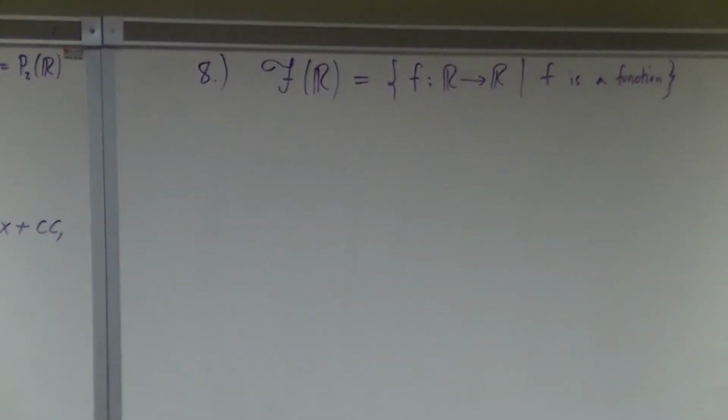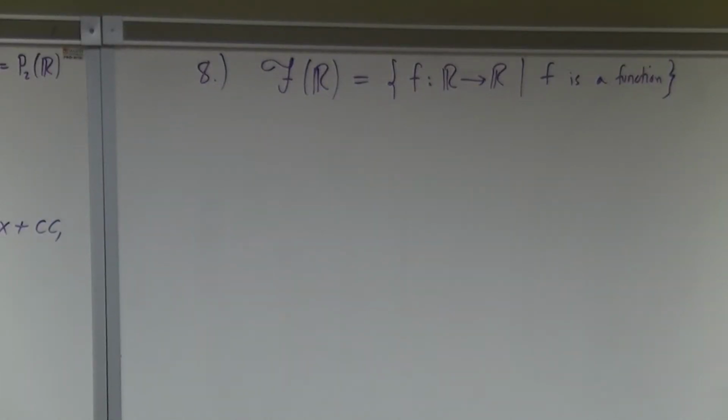Like I was trying to say from the start here, it's not just a set, right? It's a set paired with an addition and a scalar multiplication. So I hadn't really told you what the vector space is until I also tell you what the addition and the scalar multiplication are.